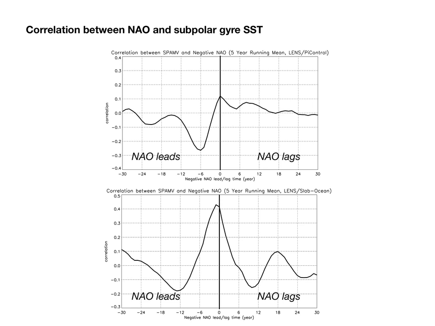If we look at the bottom diagram, it's easier to understand. It's also, I should add, based on 5-year running means of both the atmosphere, the NAO index, and the ocean. What you see in the bottom diagram is that with a slight lead of the atmosphere, maybe by 1 year or so, when you have a negative NAO, you get a warm subpolar gyre, which is the interaction we know of from looking at interannual variability in the observations.